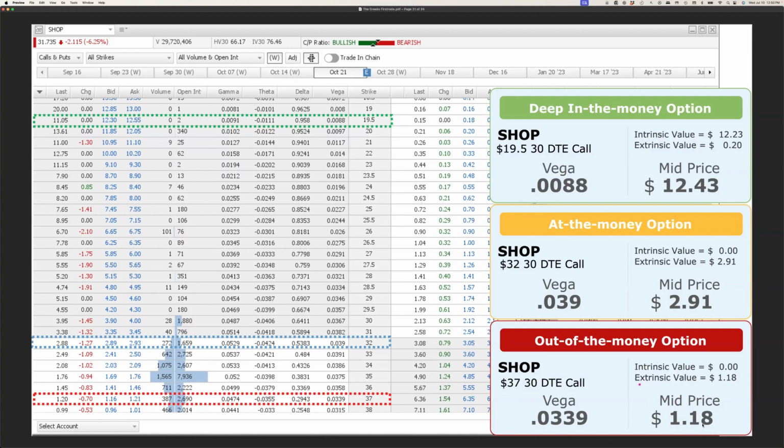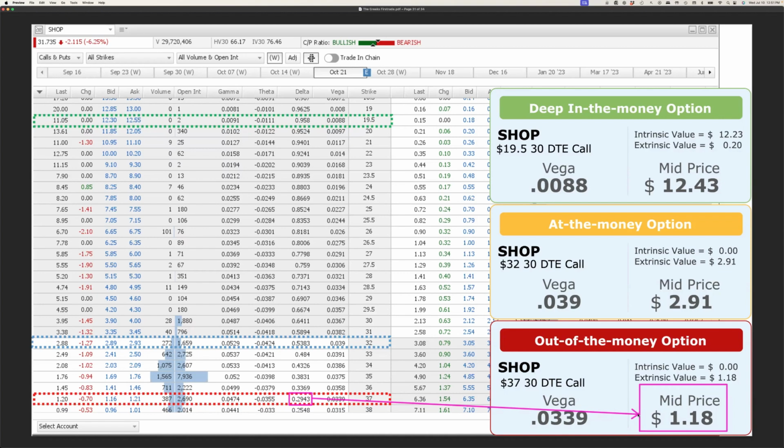So let's say you buy something for $1.18 and you think that stock's going to do really well on earnings, right? You want something that has a high delta to price ratio, right? So here I'm earning 29 cents for every $1 the stock goes up, and I'm only spending $1.18 for it, right? That's a very high ratio. So if the stock goes up by even a couple of bucks, I'm going to make a nice size return, right?